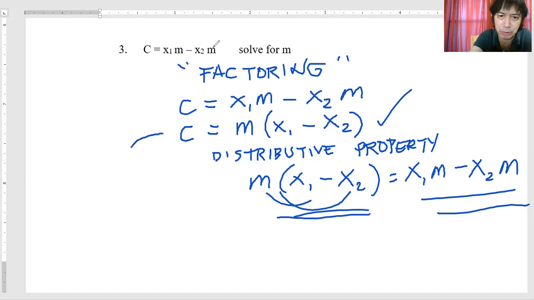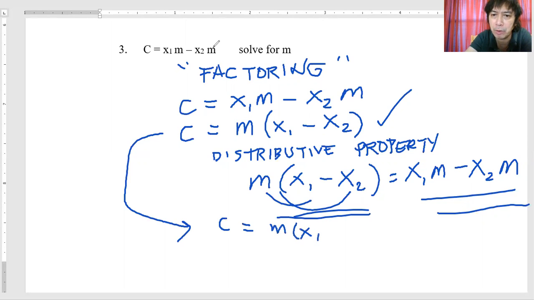So this will continue. You can now divide after this, because the m and x1 minus x2 are now factors. So the next step is divide. Remember, you have to identify the next step. You have m, you have x1 minus x2.